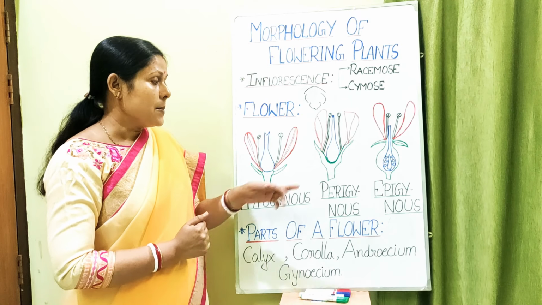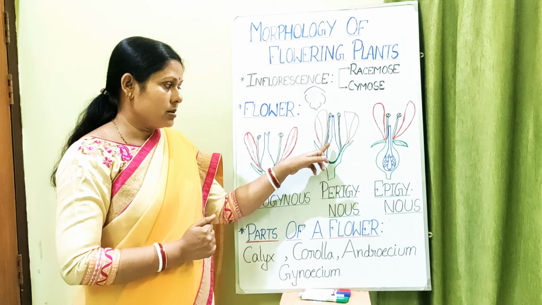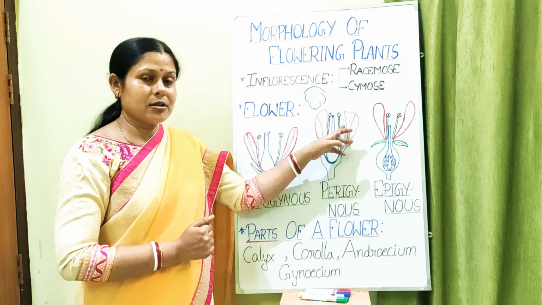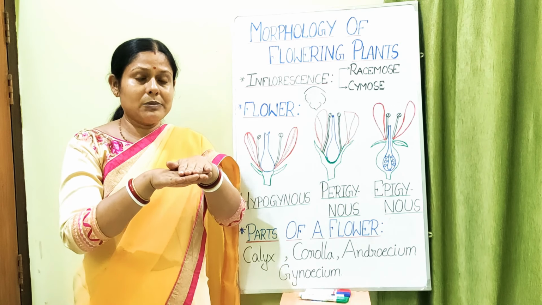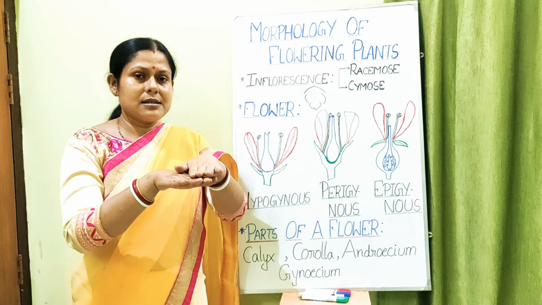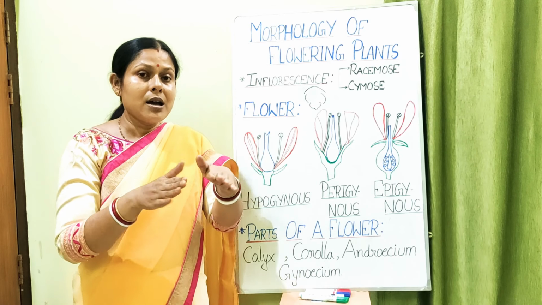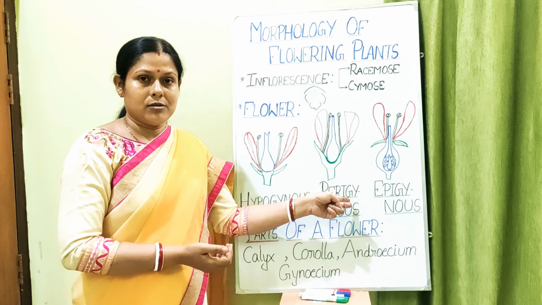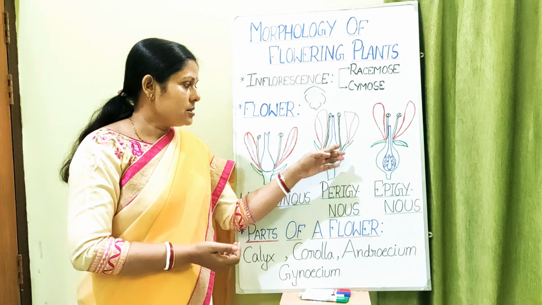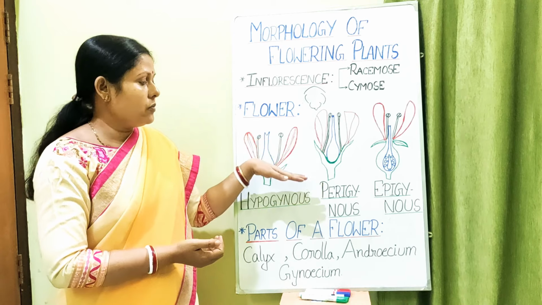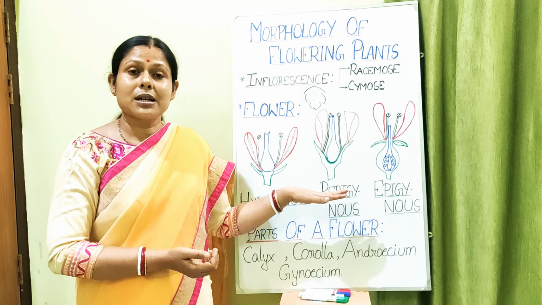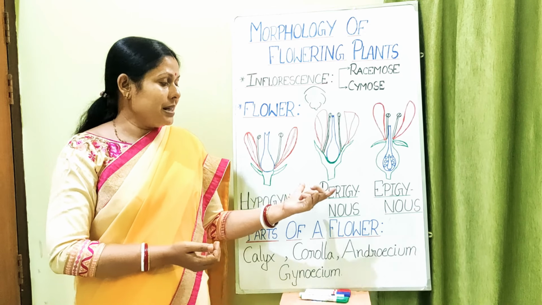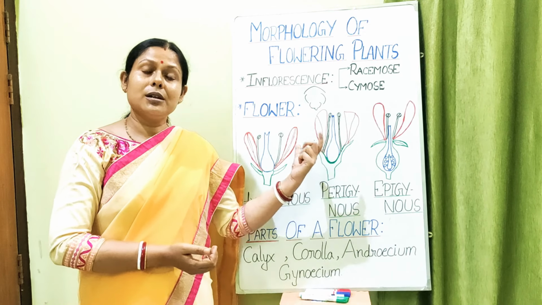Perigynous flowers are those in which the gynoecium, the androecium, the calyx and the corolla are all placed in such a manner that they are on a similar platform. Nobody is superior, nobody is inferior. They are in the periphery of the gynoecium, that means at the same level as the gynoecium. We sometimes call these flowers half superior or half inferior.